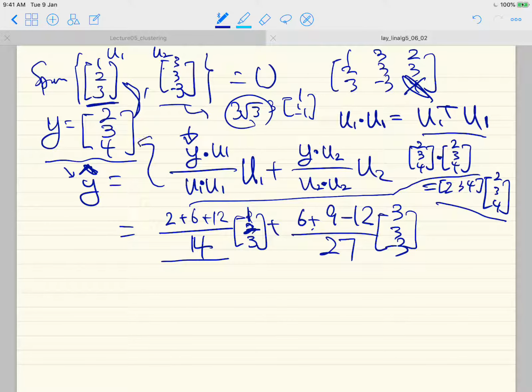This one is clearly not the same as y because it cannot be equal to y, since y is outside of W. But this representation is basically y hat, which is the orthogonal projection. So that is our conclusion, although we haven't proved it yet.